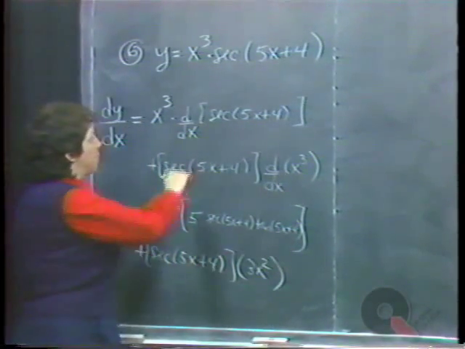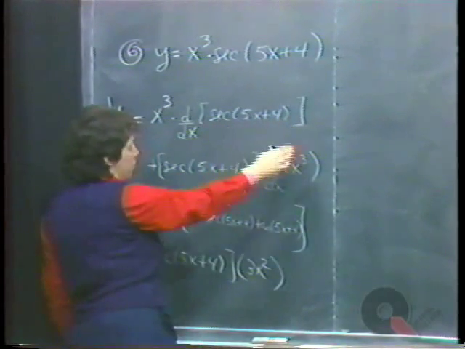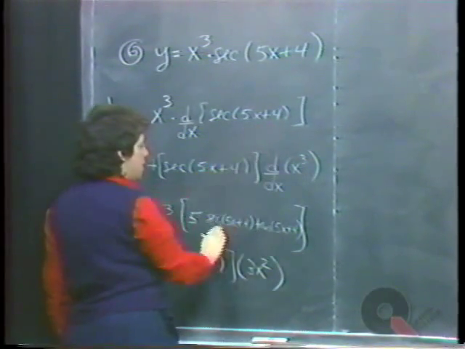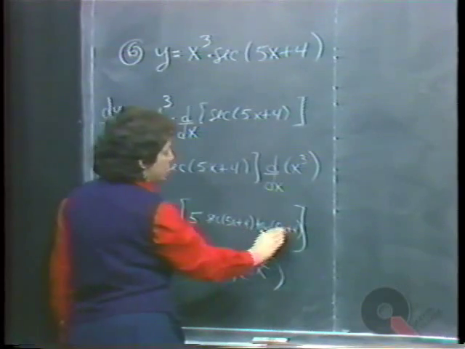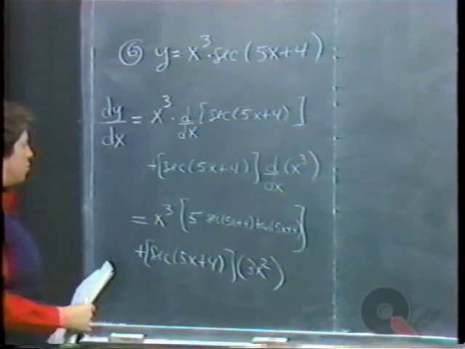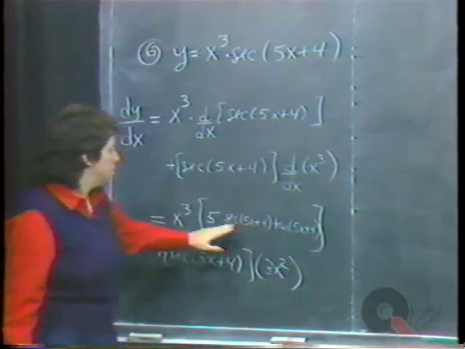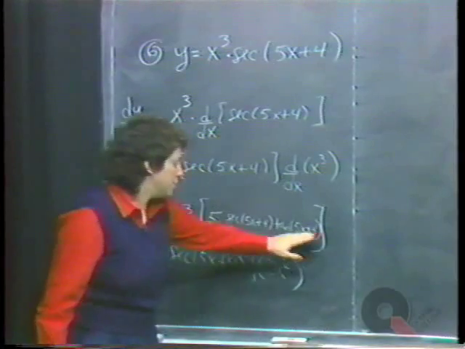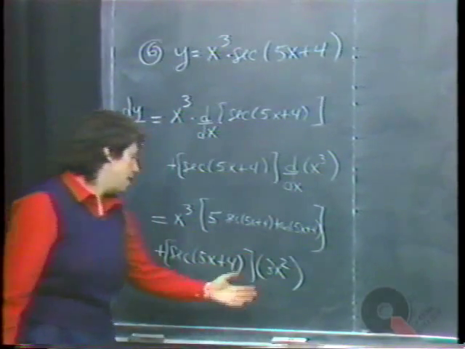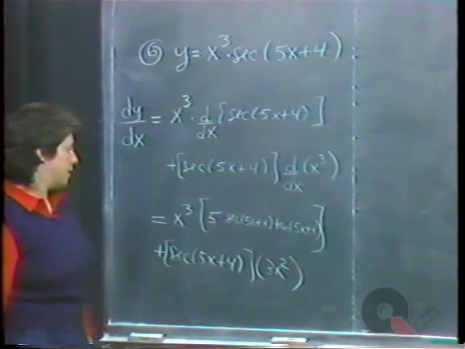When it came to the derivative of the second, that was secant of something. That's our new formula. The derivative of secant of something is secant of something times tangent of something times the derivative of the something. And of course, this could be simplified. You could write this as 5x cubed secant of 5x plus 4 tangent of 5x plus 4 plus, and you can write the 3x squared in front, 3x squared secant of 5x plus 4.